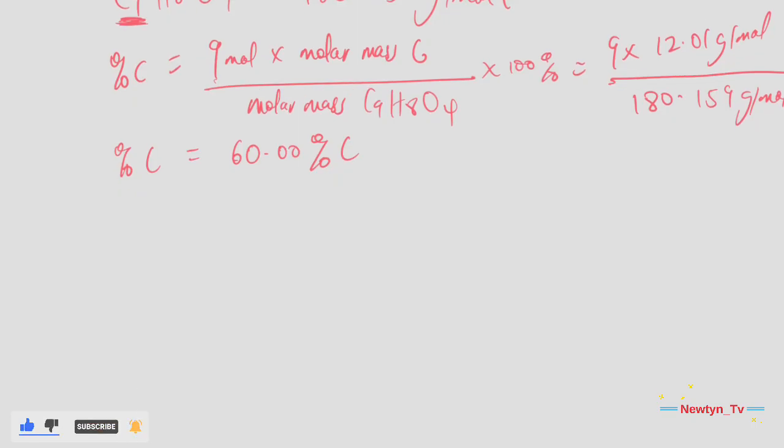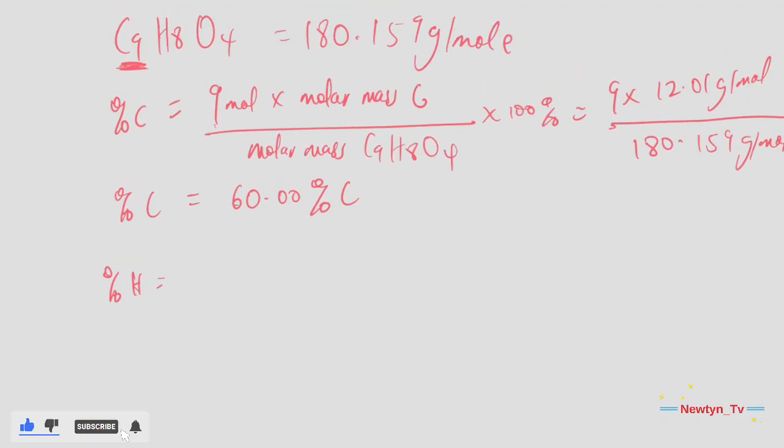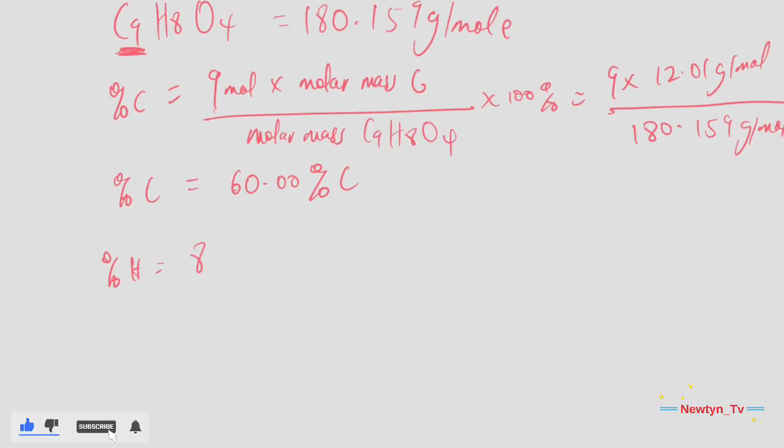Let's look at hydrogen. How many atoms do we have? We have 8. So 8 moles times the molar mass of H, divided by the molar mass of the compound, C9H8O4, times 100%.